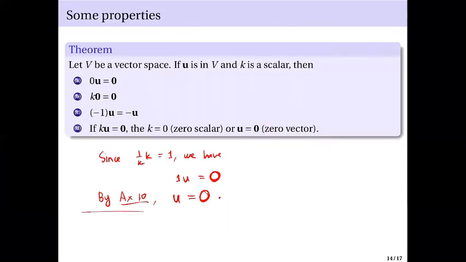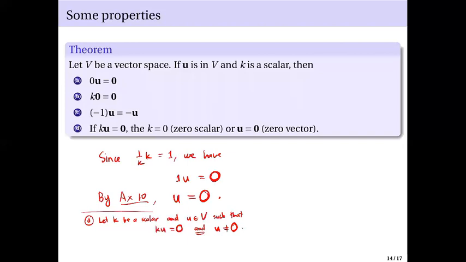So letter D, we are still in letter D. So let K be a scalar and U be a vector in V such that Ku is equal to 0, and I'll write the assumption: the vector U is not the 0 vector.